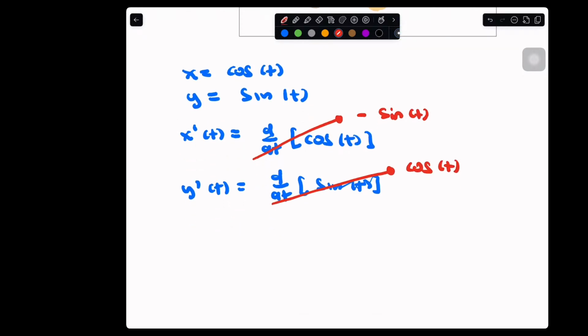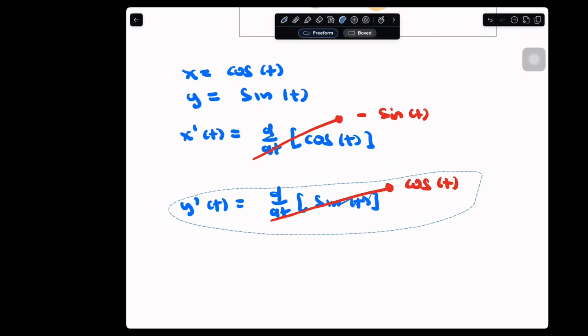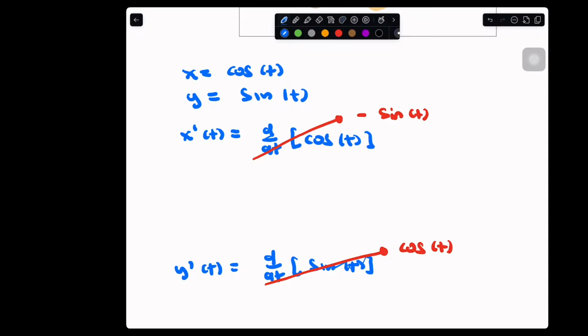But we need the second derivative. So let's move this down, because we also need that second derivative with respect to t for the x variable. So we're going to differentiate minus sine, and that gives you a minus cosine.